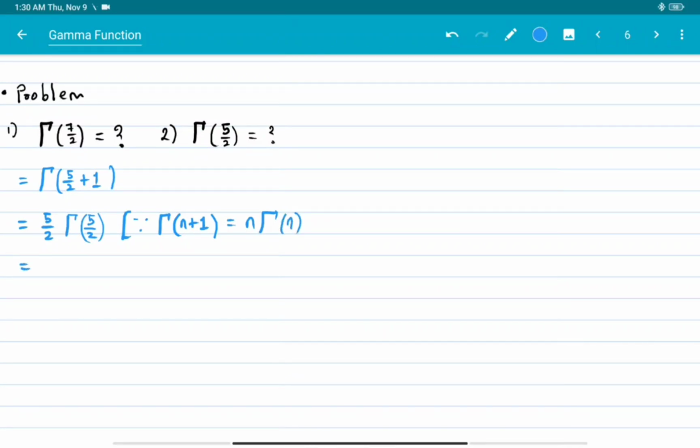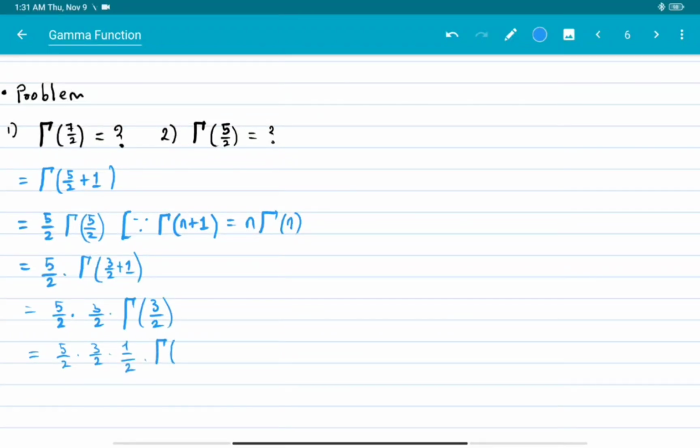Again, this gamma of 5/2 has to be split: 5/2 times, again, 3/2 plus 1, so 5/2 times 3/2 times gamma of 3/2.